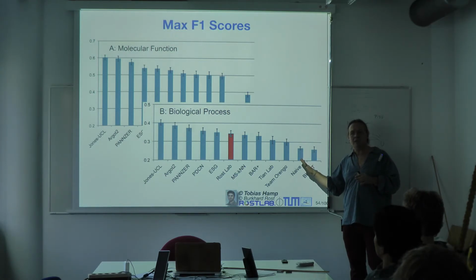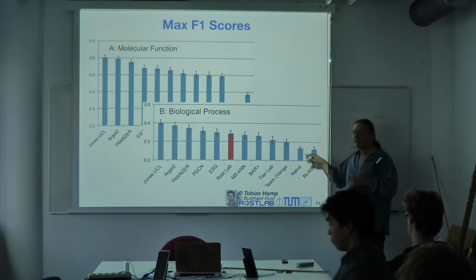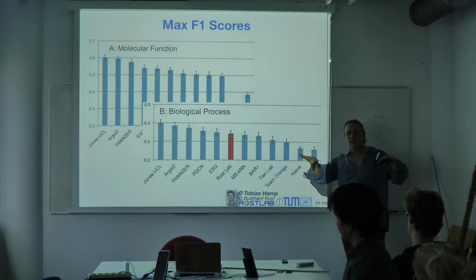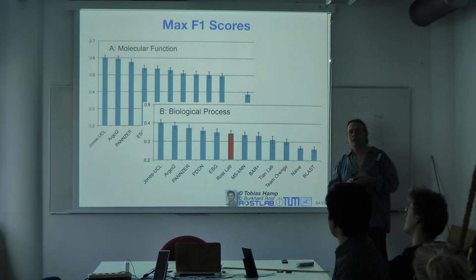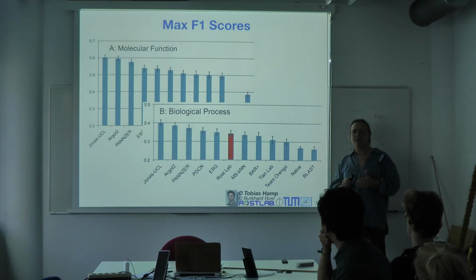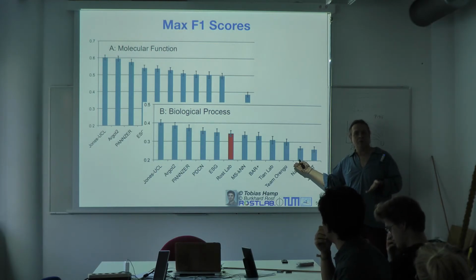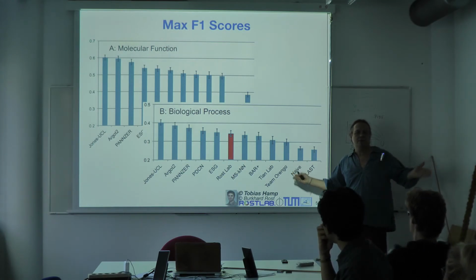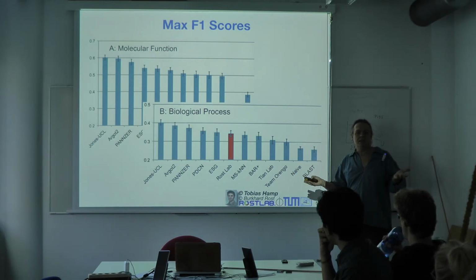And the reason why this happened is ultimately that it gave too much weight to low-detail annotations such as it's a transferase. Or not even that. Initially, in the first round, the annotation that a protein binds was dominating the good performance. And protein binds is total nonsense, right?